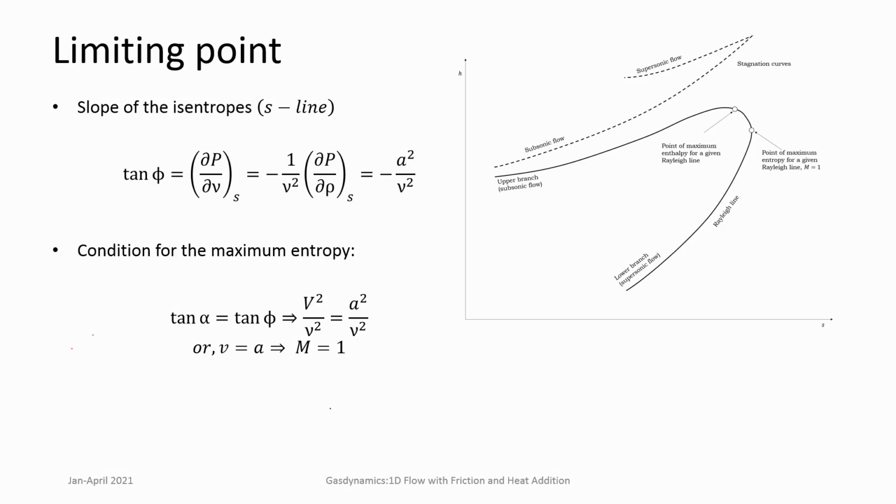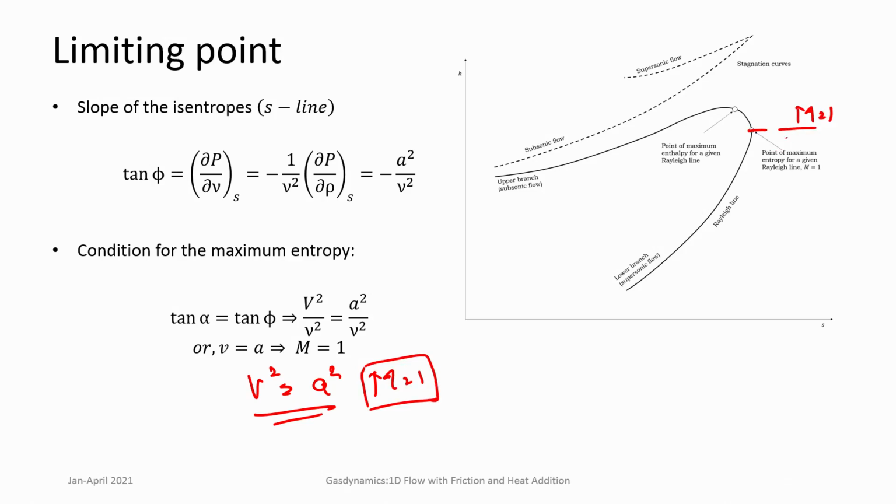So, tan alpha equal to tan phi. So, G square by rho square, that is specific volume square, is equal to a square by v square, or V square equal to a square, or Mach number equal to 1. Again we find that at the point of maximum entropy Mach number equal to 1.